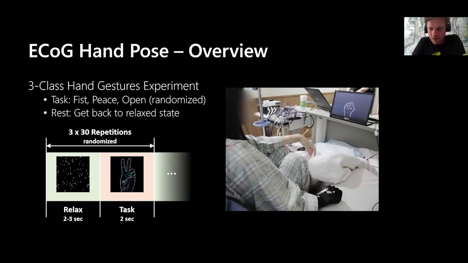Here you can see an image of the patient in the hospital who is participating in this experiment. This was a young lady who was severely suffering from epilepsy, and she was treated in Japan by Dr. Kamada, and she got a surgery to get rid of her epileptogenic focus.